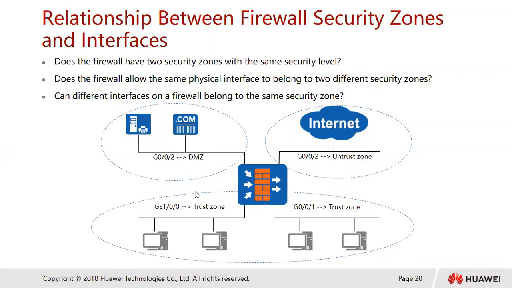Here, what we have is gigabit 1/0/0 and then this is gigabit 0/0/1. So we have 2 different interfaces in the same security zone, which is a trust zone. So here, the answer is yes.